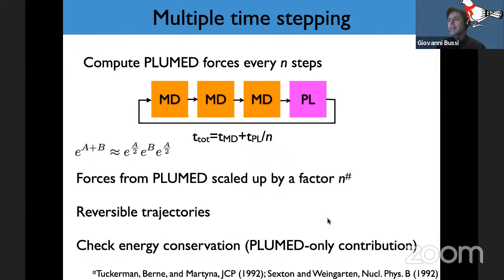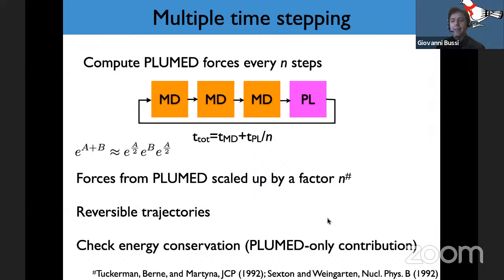The original derivation is based on using Trotter splitting, but actually the final rule of thumb is pretty simple. The idea is that you can take a term in your potential energy function, in this case the contribution of PLUMED, let's say the metadynamics potential, and just apply the forces resulting from that every n steps, scaling them up by a factor n.